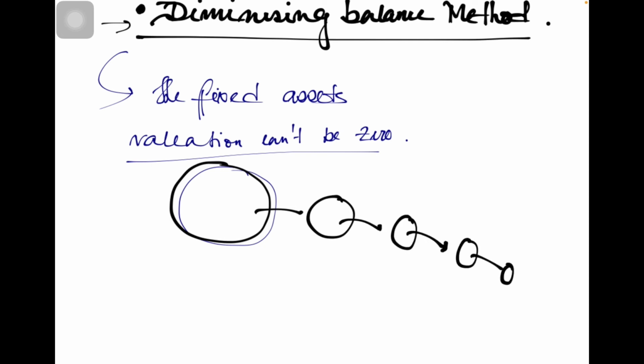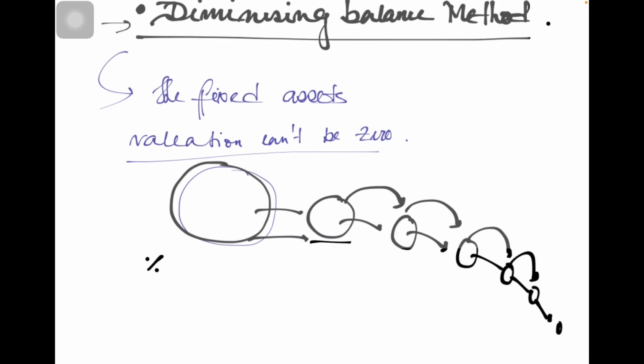Fourth year is this. Fifth year is this. Sixth year is this. What I am trying to represent is a pattern. Look at that. Every year the actual amount of depreciation is getting reduced compared with the previous year. Since the percentage is equal, but still the depreciation amounts are getting reduced every year.